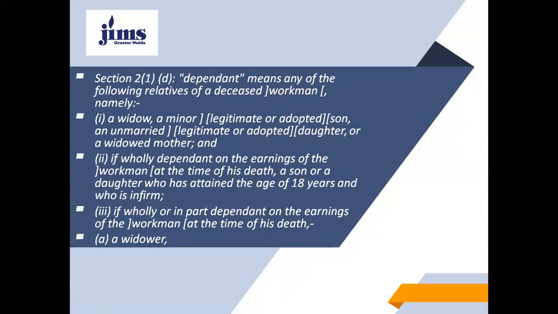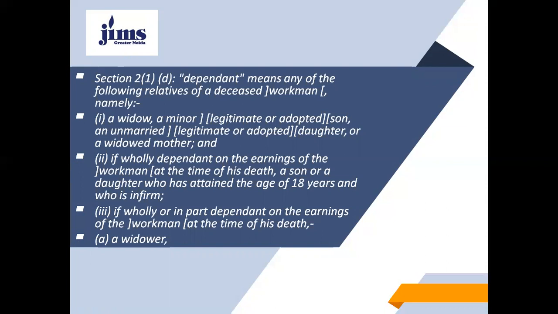Now we discuss certain important definitions given under section 2, subsection 1, and under different clauses. The definition for a dependent is given under section 2, subsection 1, clause D, where dependent means any of the following relatives of the deceased workman.